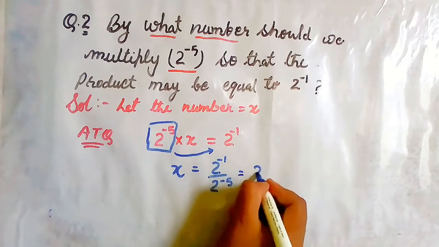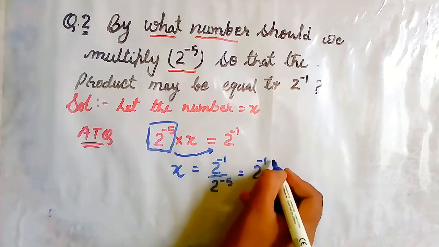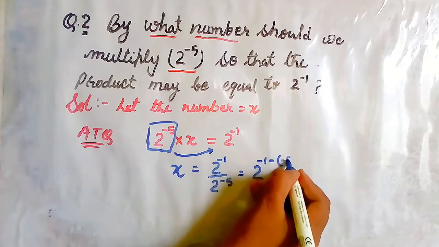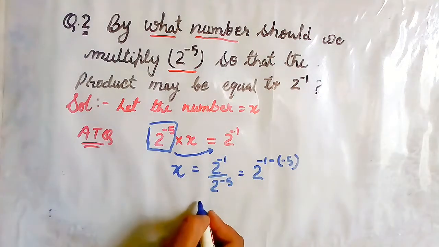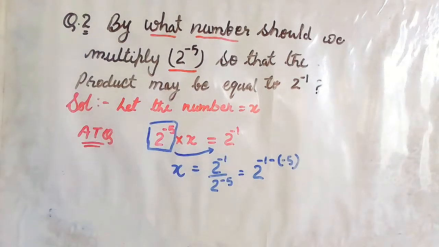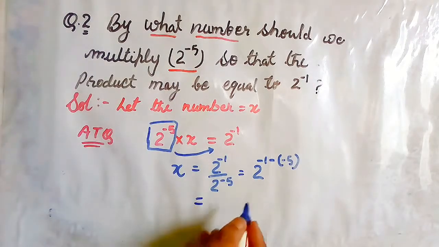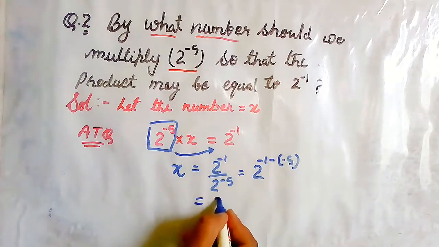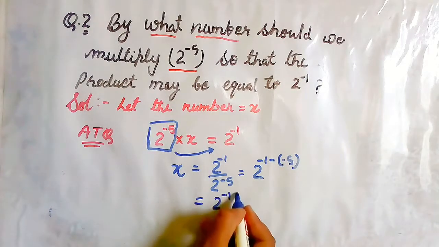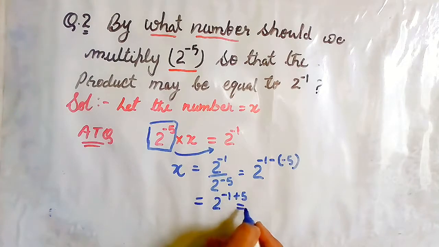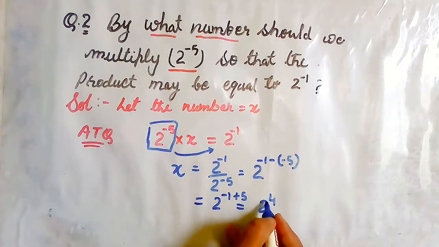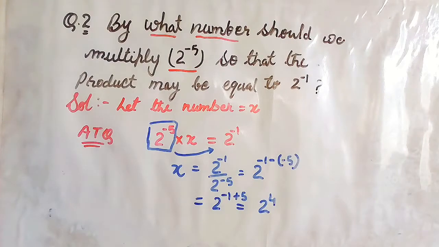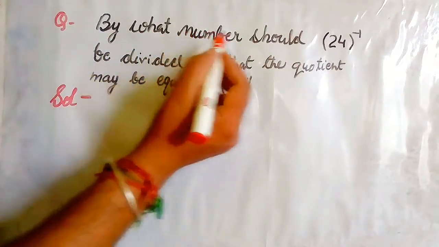So bases are same, you can subtract the powers, it will become 2^(-1 minus (-5)), simplify it now, it is 2^(-1 plus 5). So 5 minus 1 or -1 plus 5 will be 2^4, which is your required answer.